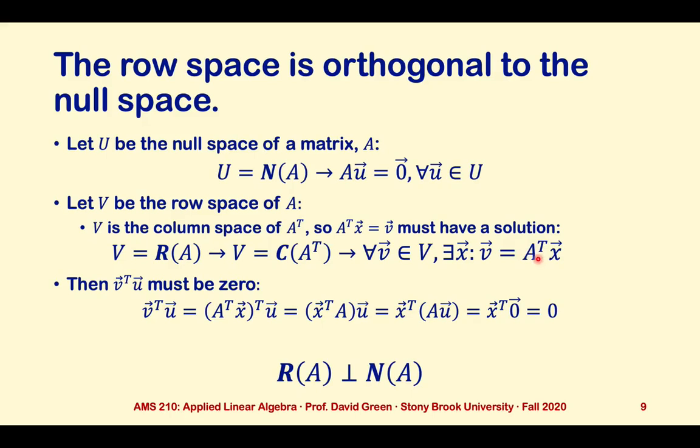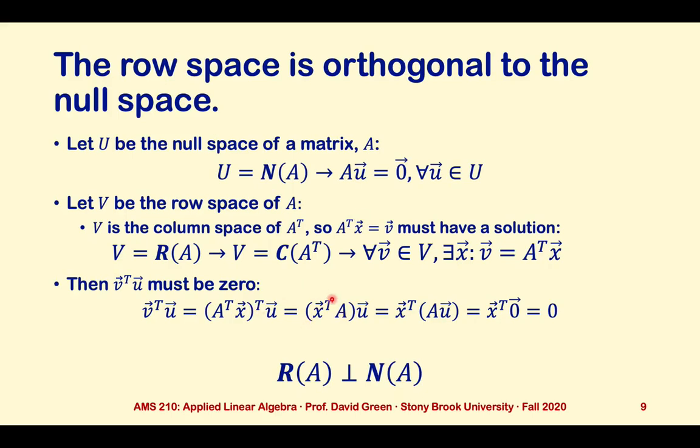Now, these two results lead to V transpose U necessarily being 0. Why is this? V transpose U, well, we can substitute for V transpose if V is A transpose X. Substitute this: (A transpose X) transpose. We propagate a transpose in by reversing the order and applying the transpose to each piece.